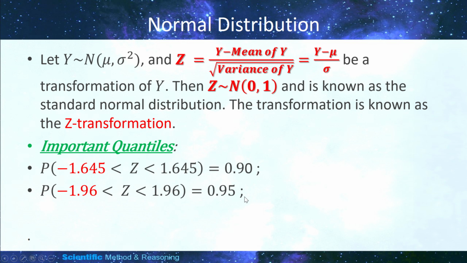And the area in between minus 1.96 and 1.96 is 95%. And also we have 1% on the left-hand side, the corresponding quantile is minus 2.326. And 1% on the right-hand side, the corresponding quantile is 2.326. And we have a total area of 0.98 in between these two numbers.